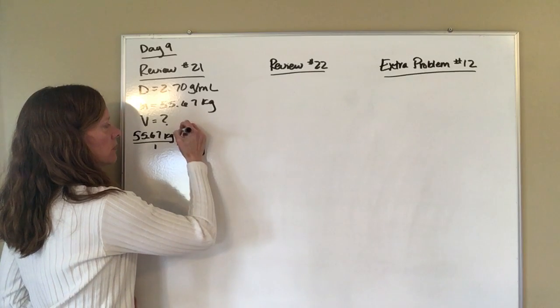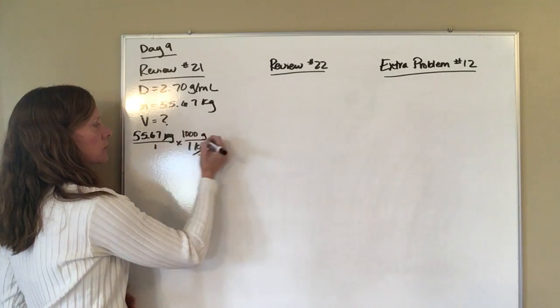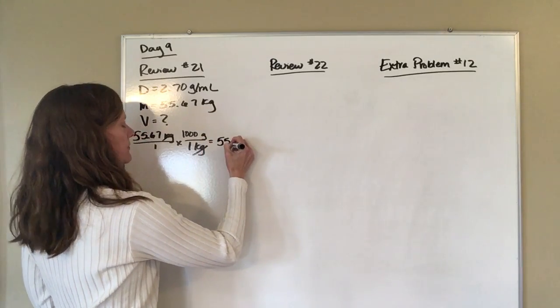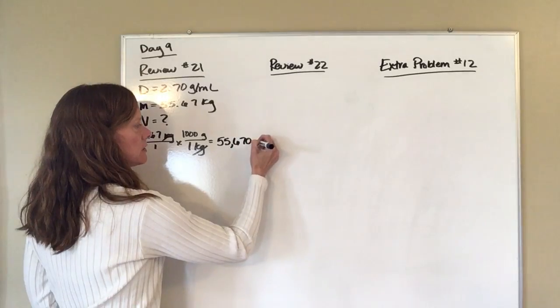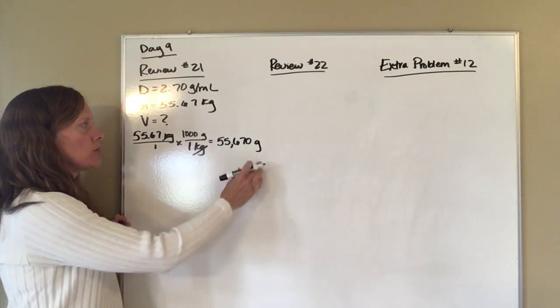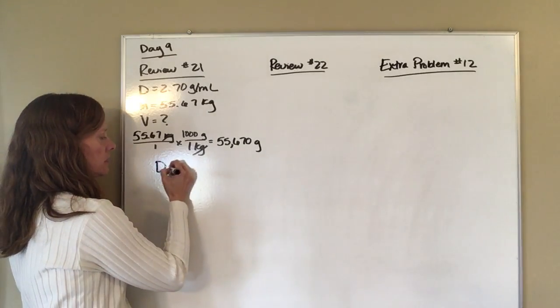So I'll have 1 kilogram to 1,000 grams, and kilograms will cancel, and that'll give me a mass of 55,670 grams.